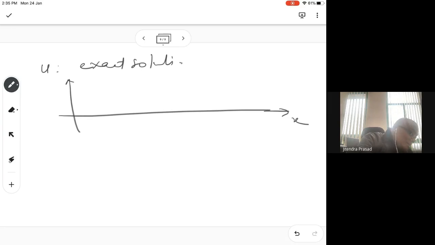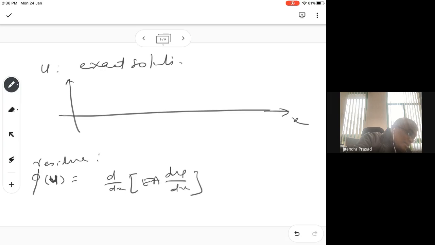Write it as phi u, which is equal to d over dx of EA du over dx plus b, equal to 0.